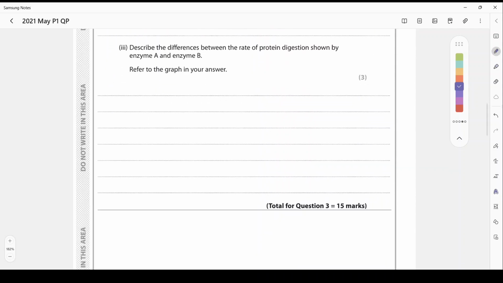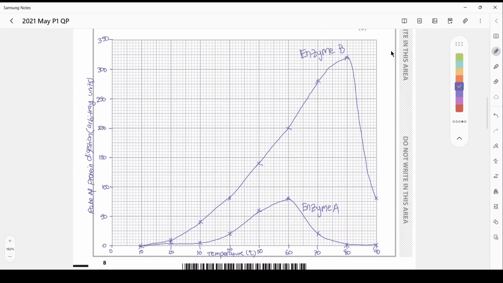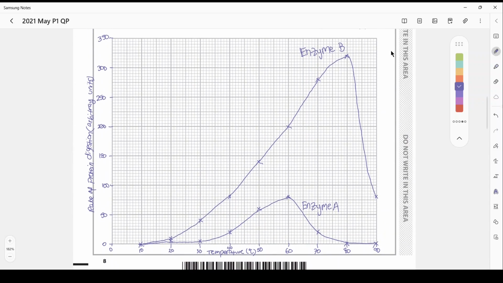Describe the differences between the rate of protein digestion shown by enzyme A and enzyme B. Refer to the graph in your answer. So let's scroll back up to the graph. So we can see that through a larger temperature range, so from 20 degrees all the way to 90 degrees, enzyme B is a lot more active than enzyme A. So that's one thing you can also say.